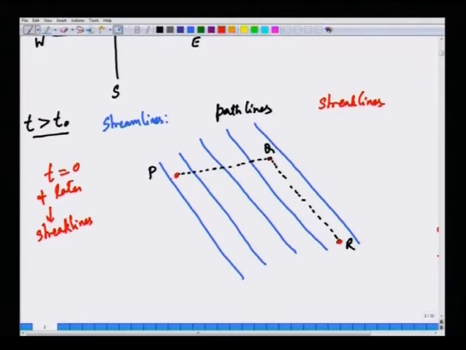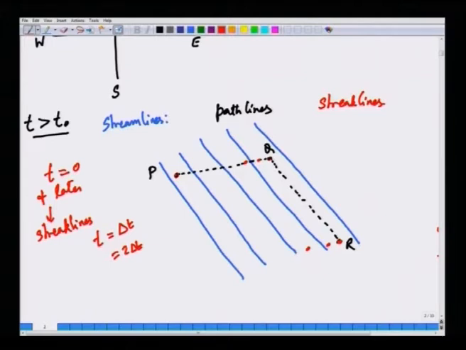A particle that was introduced later, let us say at t equals delta t, would start from P, but it will not reach up to Q, because by the time it reaches here, the wind would have changed its direction. So, from here this particle would move and it would reach here. A particle that was introduced at t equals 2 delta t would go from P to some point here, and then it would reach here.